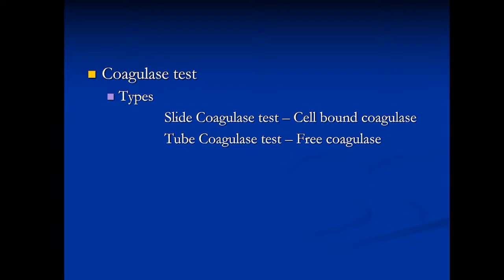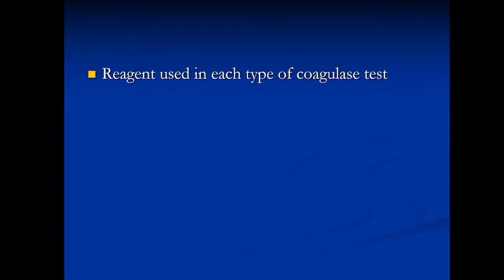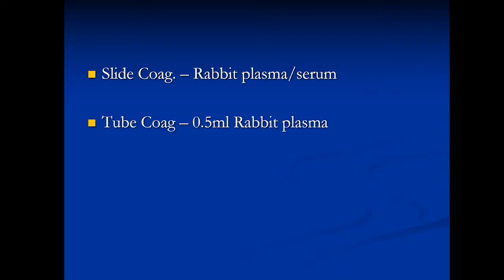Now what reagent can we use for coagulase? Well, we can use rabbit plasma. Sorry, I don't know why I wrote serum before when I was a student. I remember the errors from when I was still a student. But you're supposed to use plasma, not serum.